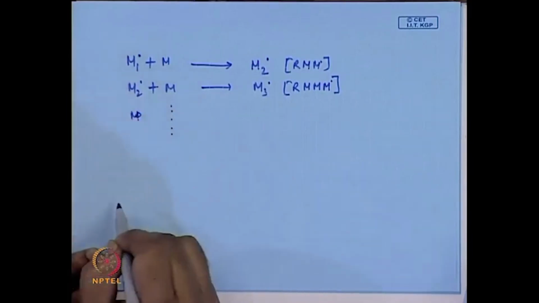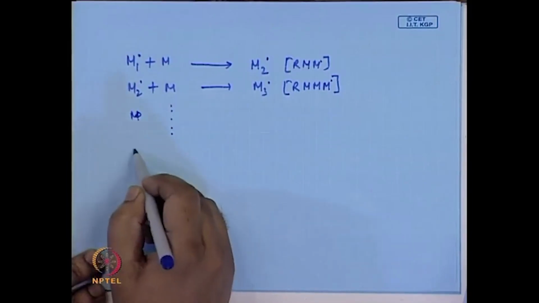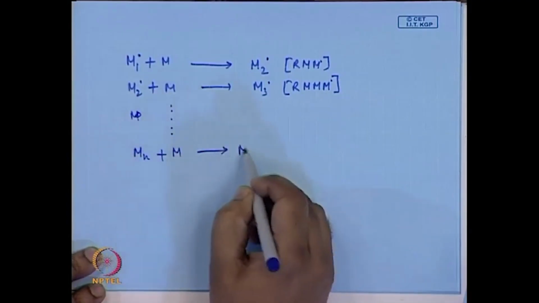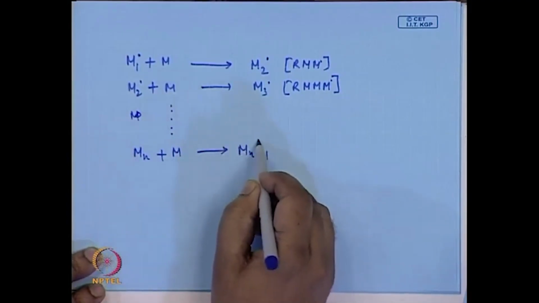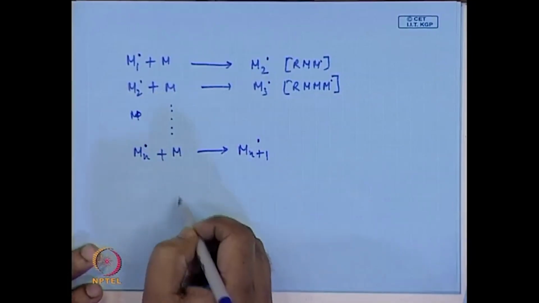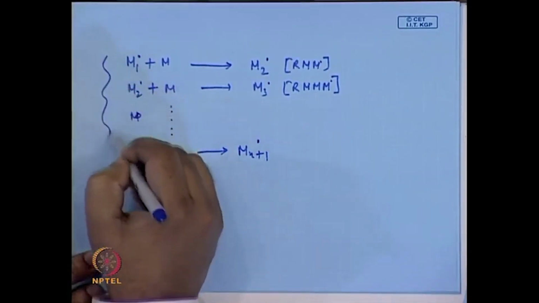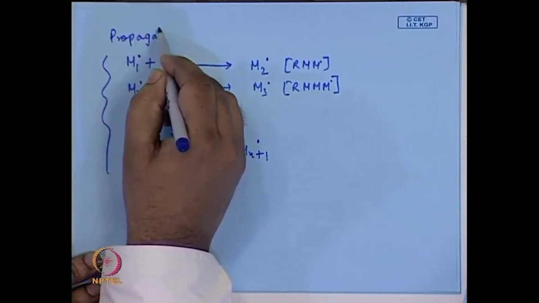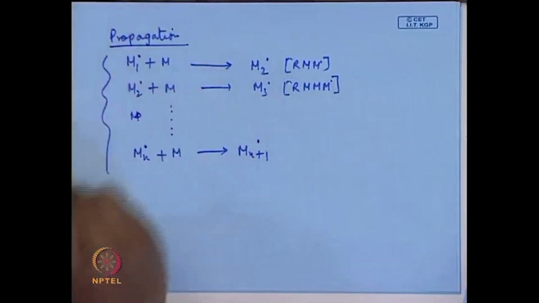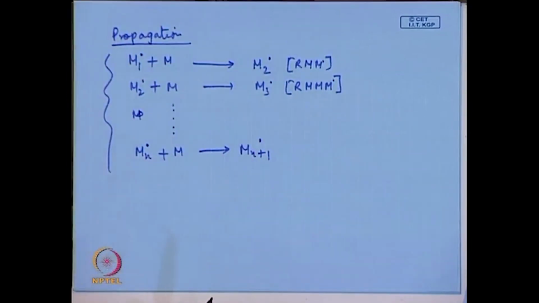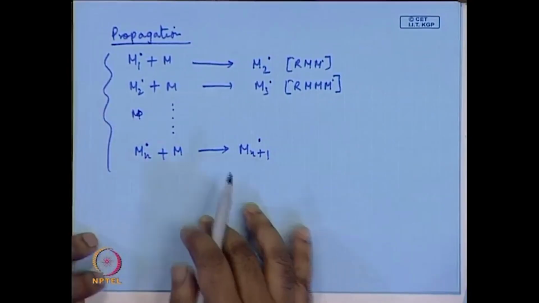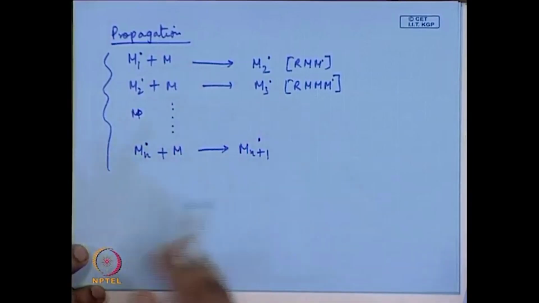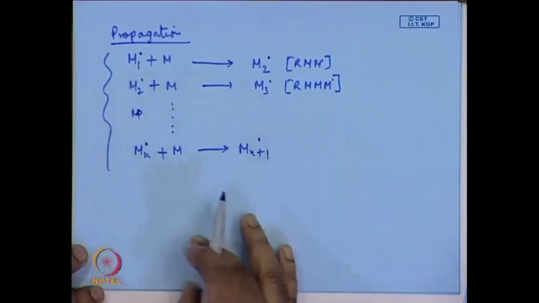You can write many steps, and in general I can write Mn dot. Now, these steps are part of propagation. So, we had initiation on the earlier page. Now we know propagation, and this can undergo termination, the third step, which we will talk about in a minute.